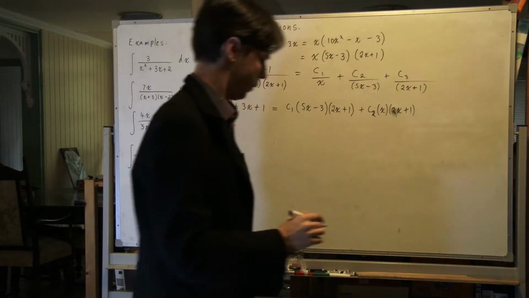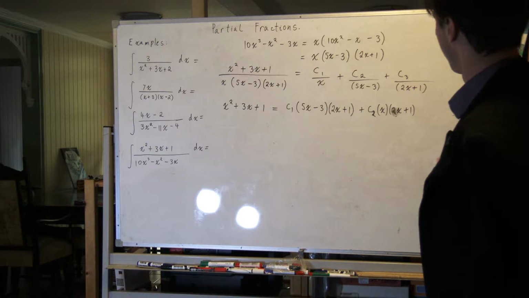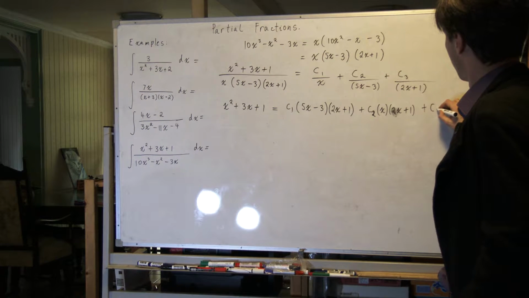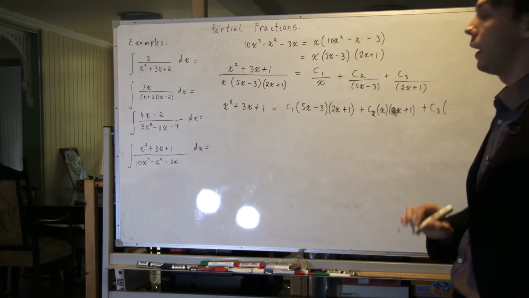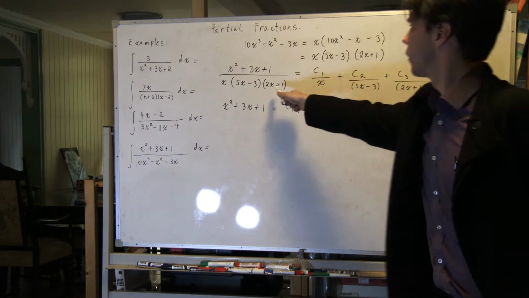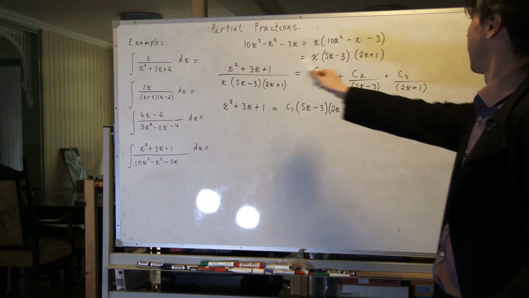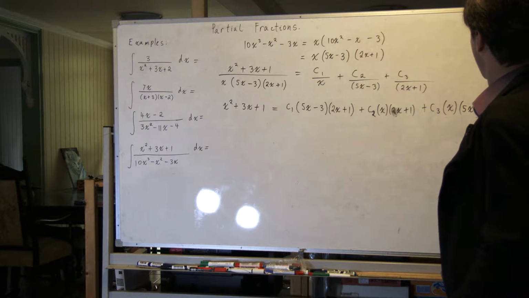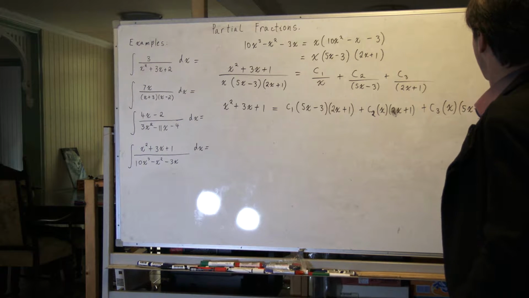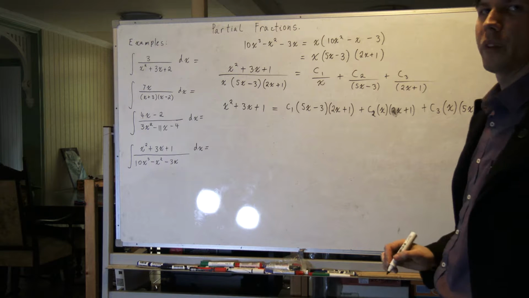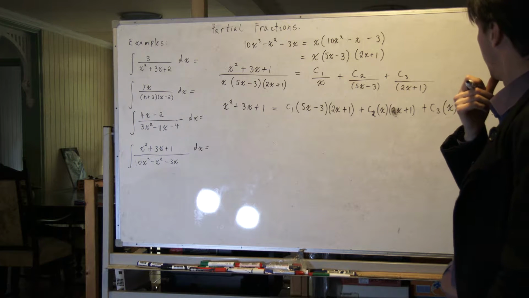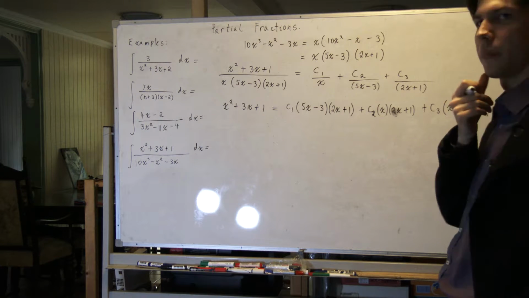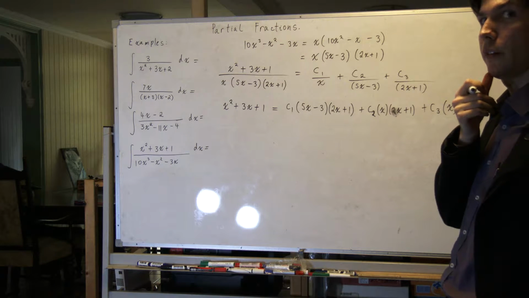And for the last term, the last factor is cancelled out. We have the first and the second factors. Okay, now we have to expand these brackets and see what we get.